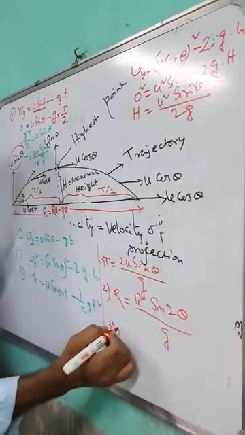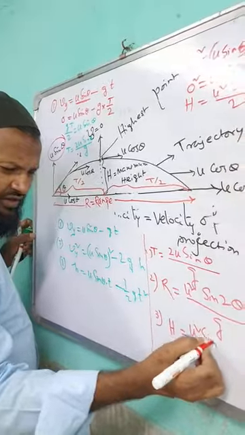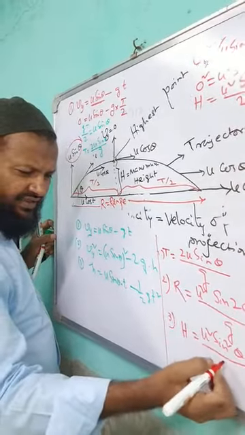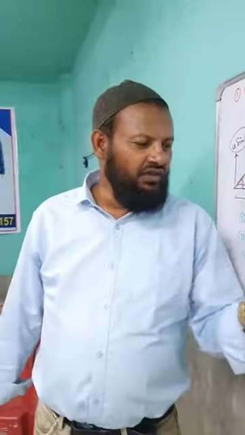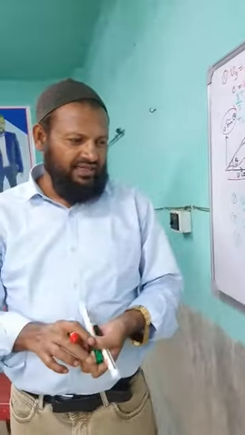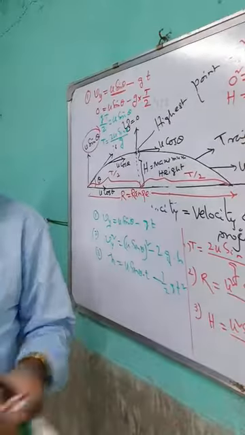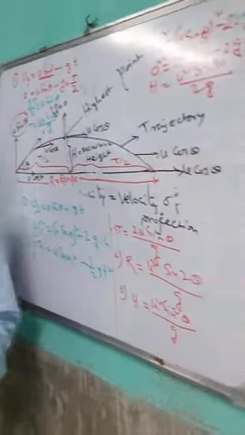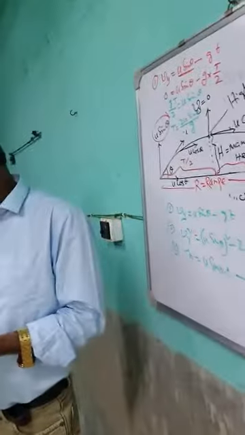And third equation, capital H equal to u square sin square theta by 2g. Please write down: T equal to 2u sin theta by g, R equal to u square sin 2 theta by g, and H equal to u square sin square theta by 2g. Now here is one important question.